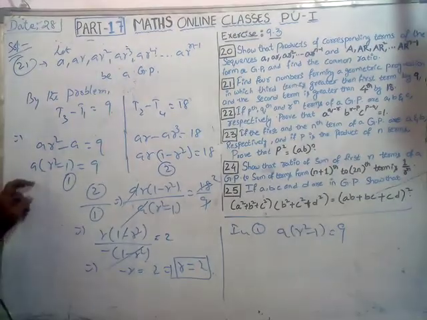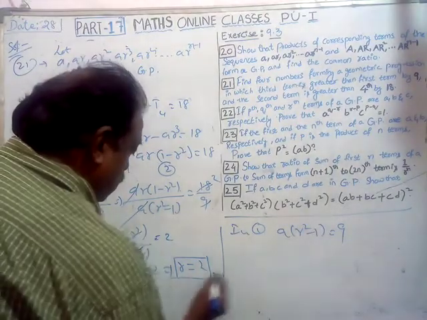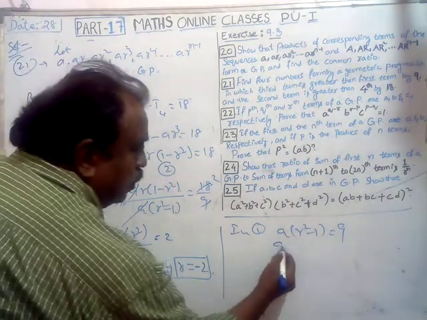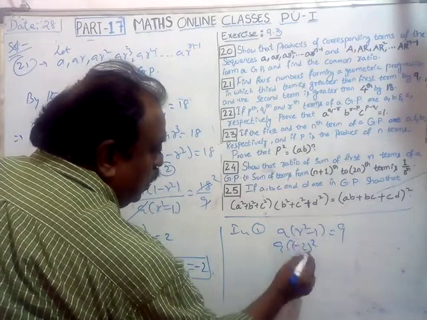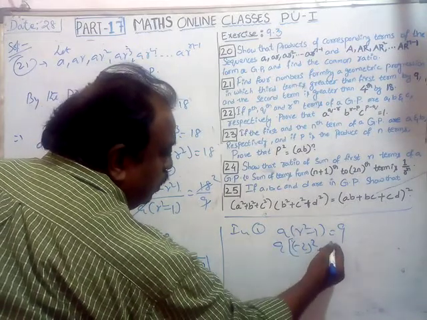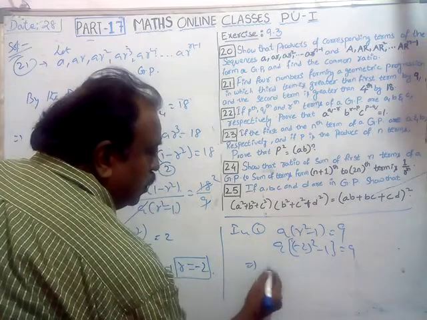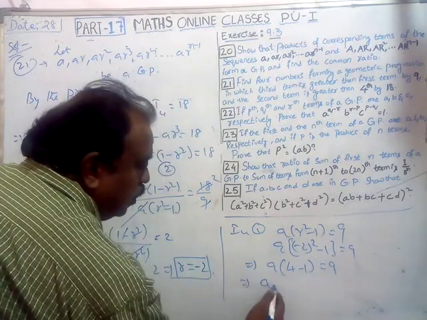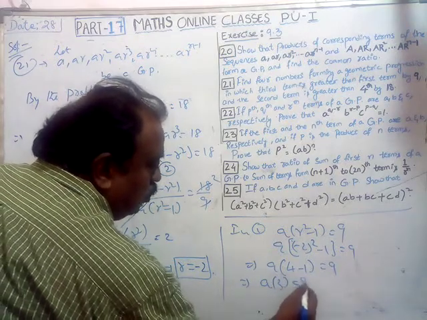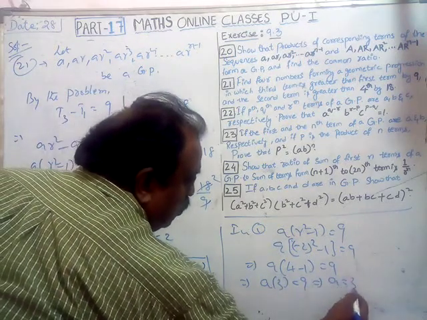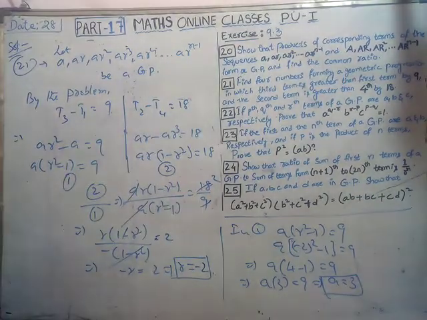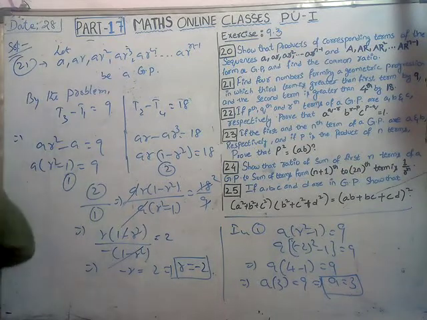In order to get the a value, r is minus 2 now. a of minus 2 square minus 1, that is a of 4 minus 1 is equal to 9. a into 3 is equal to 9. That implies a is equal to 3. Correct? 3a is equal to 9, a is equal to 3. So r is equal to minus 2.